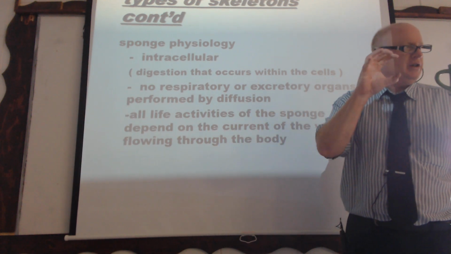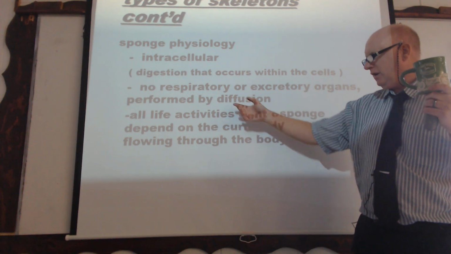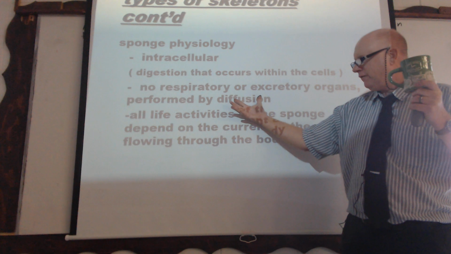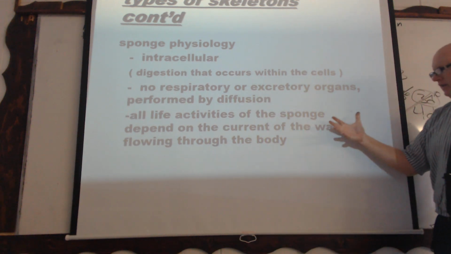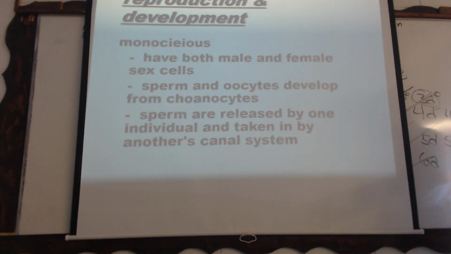Diffusion is really for small molecules like blood gases, although in this case, there's no blood, but there are gases. The oxygen is extracted from the water, then the carbon dioxide goes down that concentration gradient and is released. Okay, so I think that is the last one here.